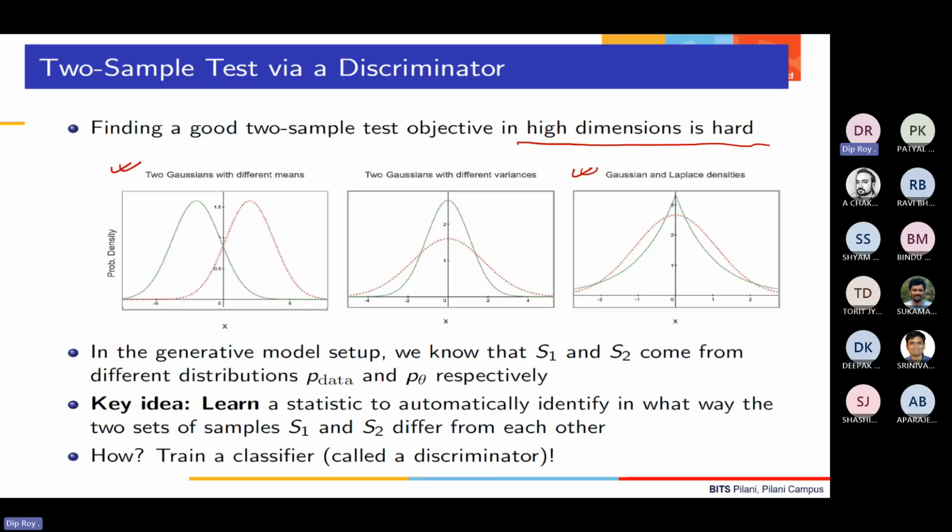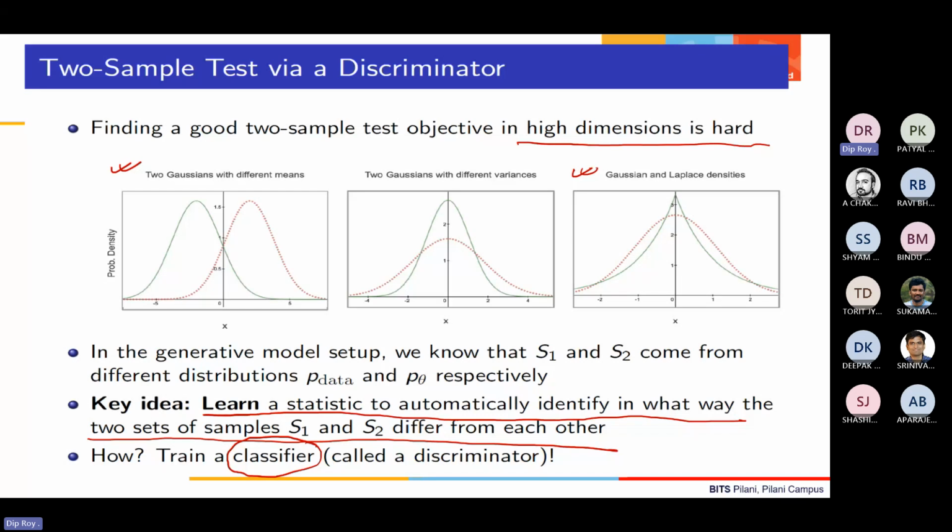What you have to do is learn a test statistic automatically to identify in what way the two samples S1 and S2 differ from each other. And how do you do it? We do it using a classifier. For example, you have a binary classifier. What does a binary classifier do? You studied in logistic regression, right? You have an apple and an orange, and it says whether it is an apple or an orange.